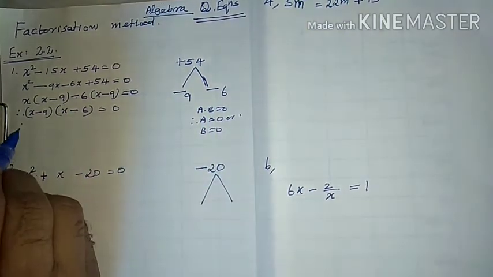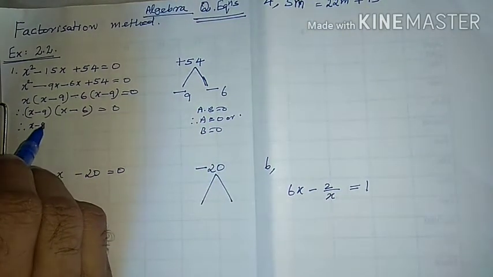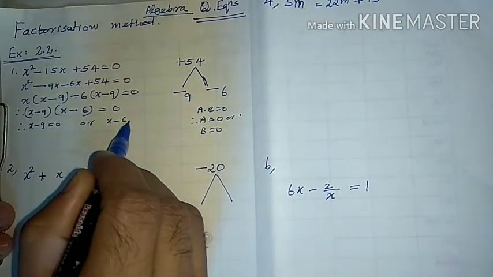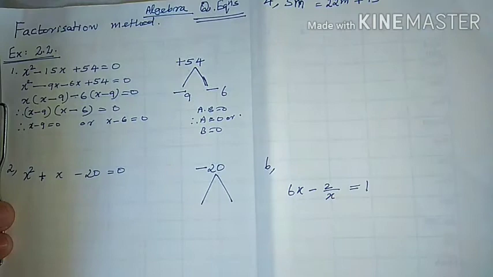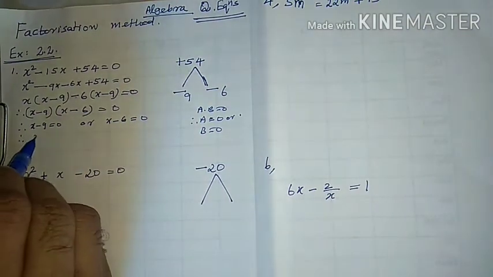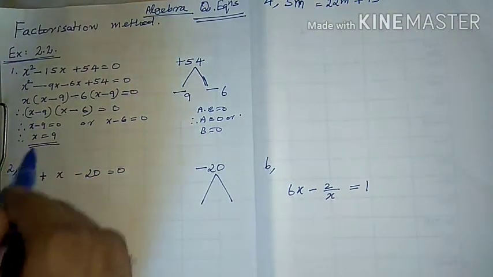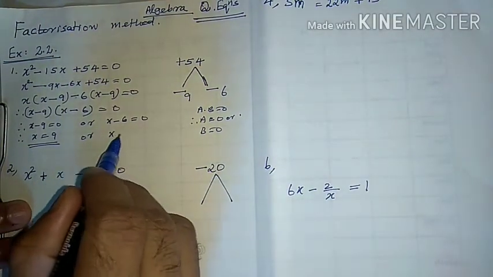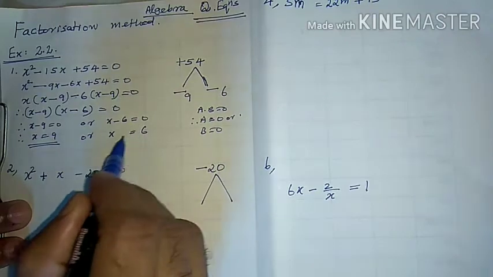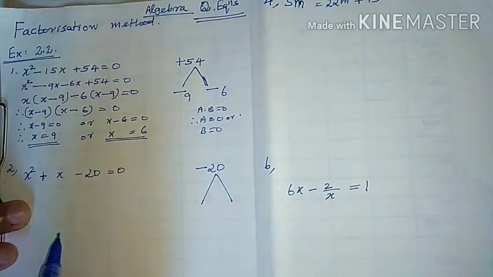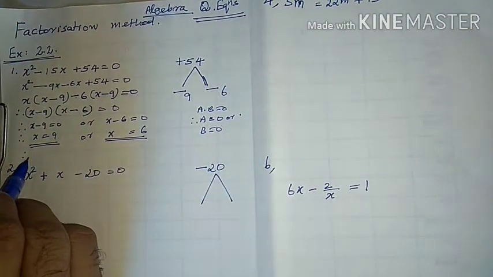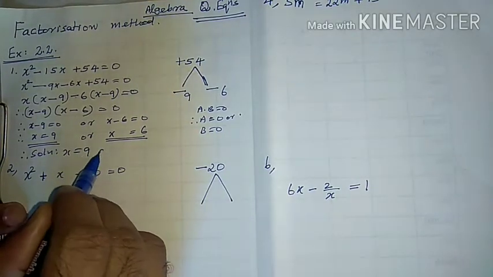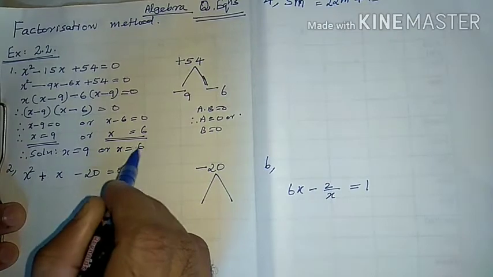Here, either the first is 0 or the second term x minus 6 equal to 0. If x minus 9 is 0, x is equal to 9, that is one root. Or x minus 6 is 0, x is equal to 6, that's the second one. Therefore, the solution is x is equal to 9 or x is equal to 6.